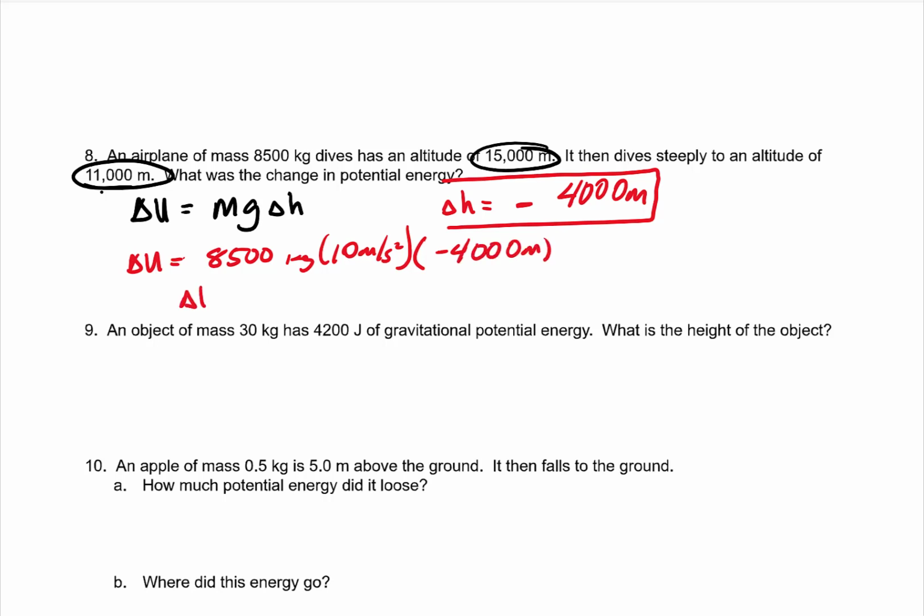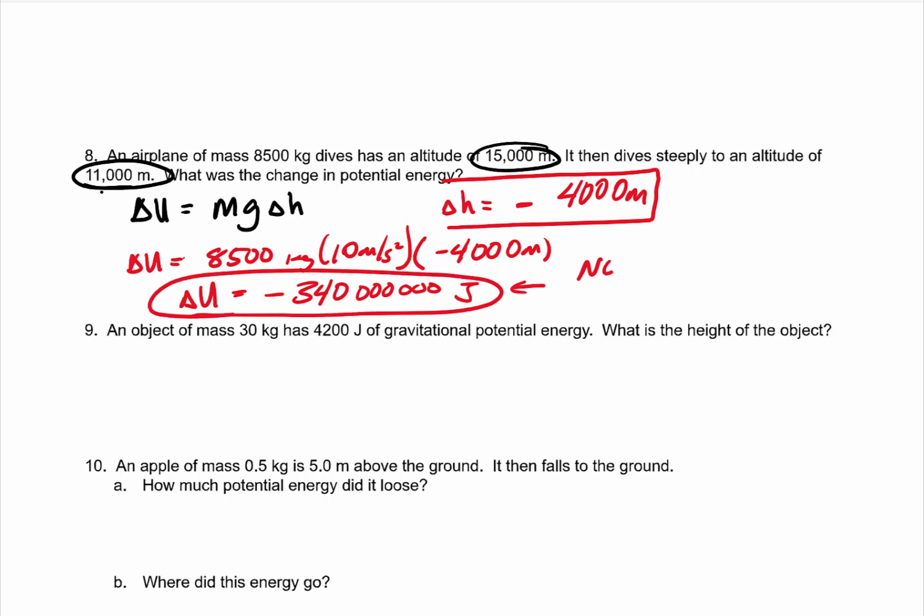So my change in potential energy comes out to be negative 340 million joules. One thing that's worth noting is that it's negative because height decreased. Going down is going to be a loss in potential energy.